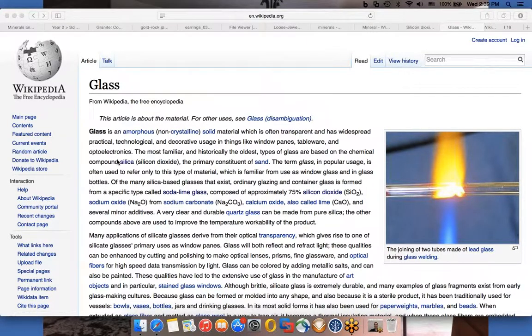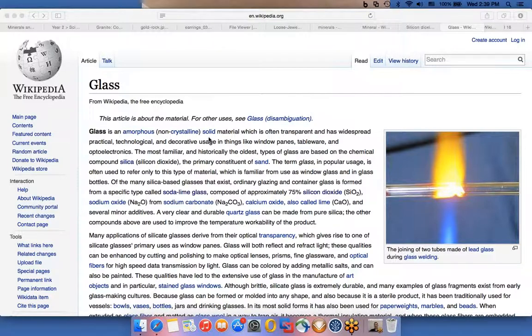Glass doesn't have this repeated structure. It's an amorphous solid, so the molecules of glass are not in a crystalline structure. It is often transparent. Sabrina says glass is a liquid, a very, very dense liquid, all right?